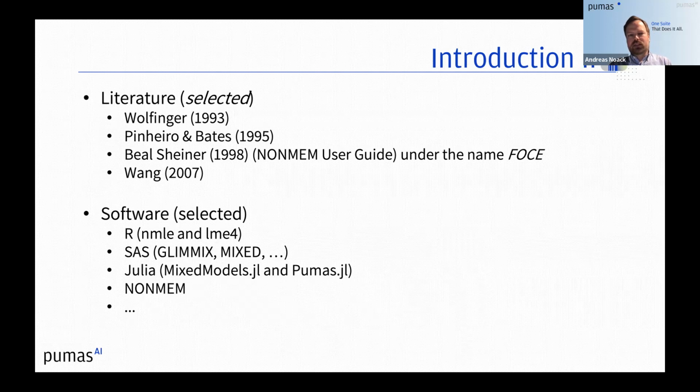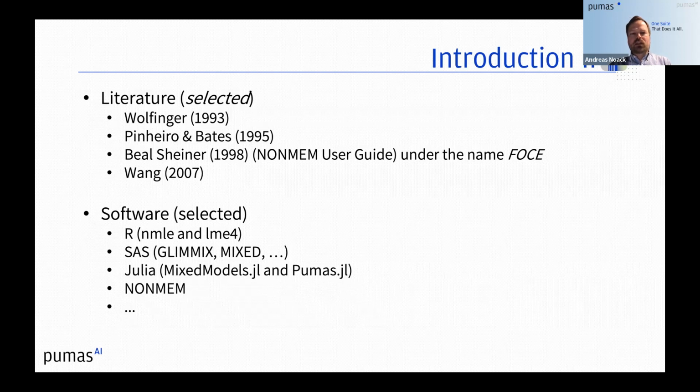In the previous treatments in Wolfinger and Pinheiro and Bates, it's labeled the Laplace approximation, and there are some differences in which approximation for the second order term I mentioned before is being used in the two approaches. But the specific version based on the simplified Hessian is named FOCE in the NONMEM user guide version 4.